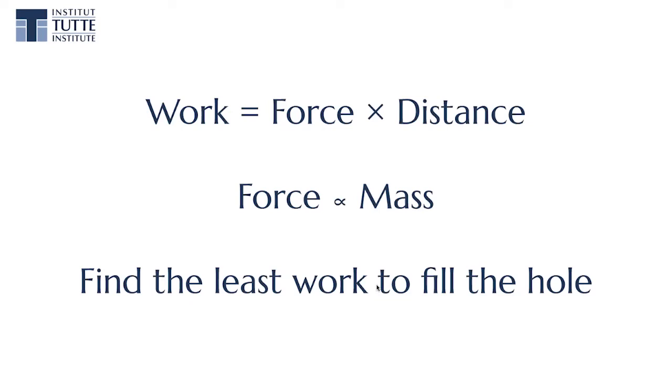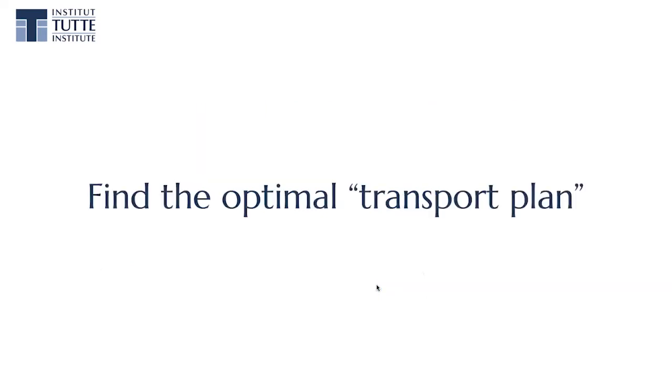And so our measure of distance is going to be the amount of work to fill the hole, given that we're trying to find the least amount of work. How do we find the least amount of work? We want to find the optimal transport plan, where a transport plan is just a scheme defining which mass gets moved where to fill the hole. And in practice, this can be solved by linear programming. So for one-dimensional distributions, that's actually really easy. For higher dimensions, it gets harder, but it's still a linear programming problem.